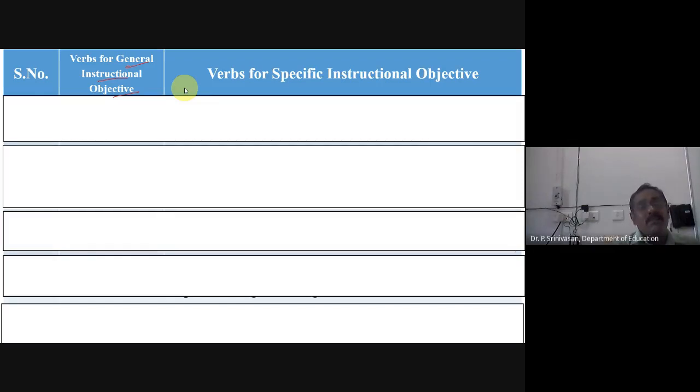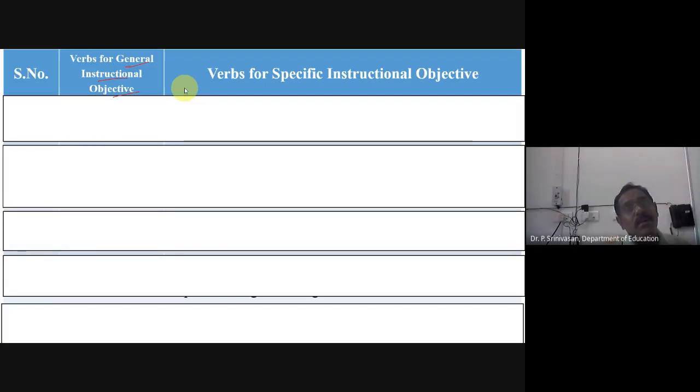My students will learn the nature of metals at the end of my class. That is my objective. According to me, at the end of this class, my students will learn how to write instructional objectives for a class. That is my objective for this class.